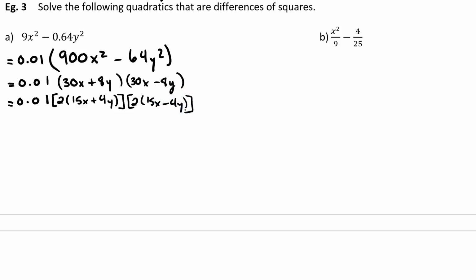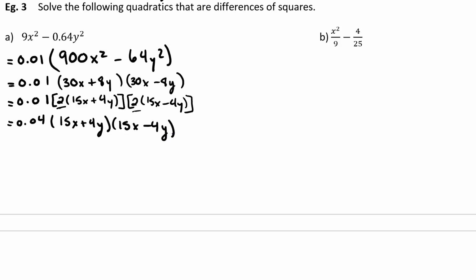So then I can say, okay, 0.01 times 2 is 0.02 times 2 is 0.04. And then I'm left here with 15x plus 4y, 15x minus 4y. I know.